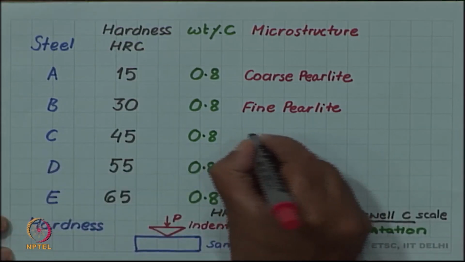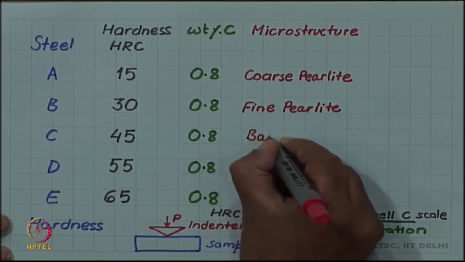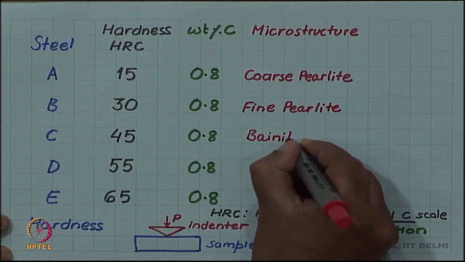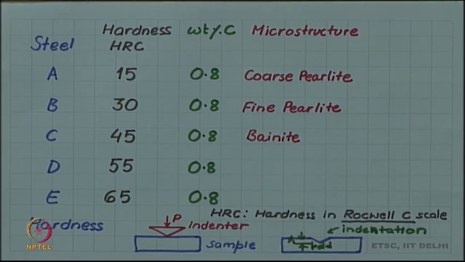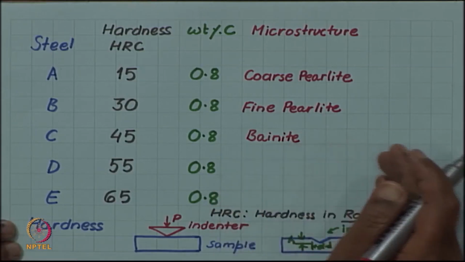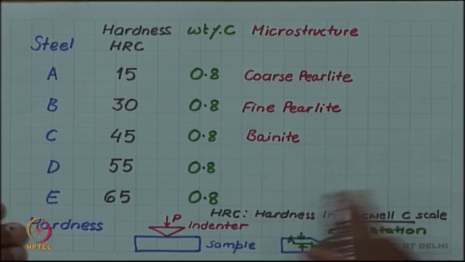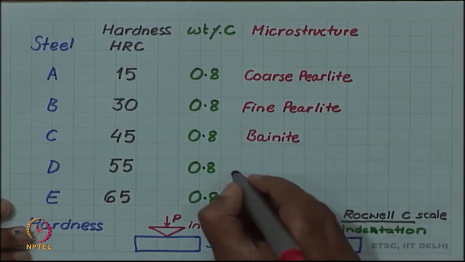In C, you have a microstructure which we call bainite. Now, you have not met it as yet, we will have time to discuss this. For the moment I am just writing the name, bainite. So, this is a different microstructure from pearlite altogether. We will discuss that as we go along.